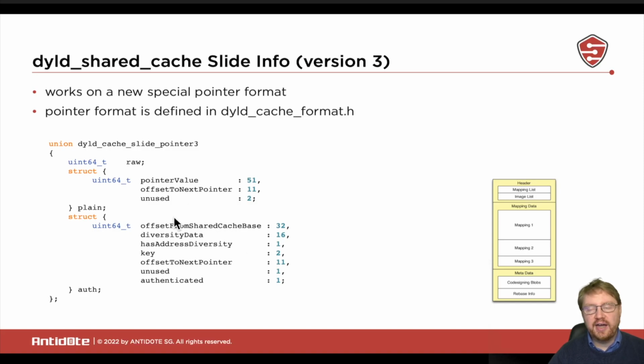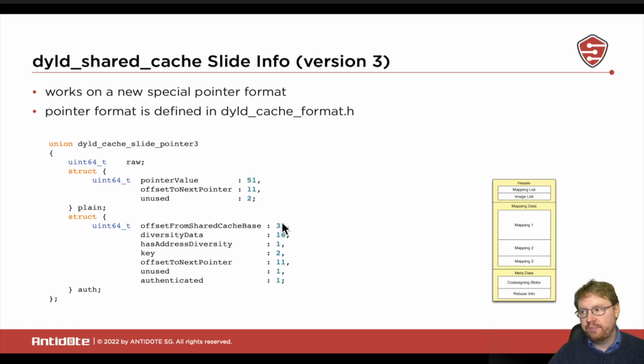When we have a protected pointer, it is usually a pointer inside the code itself, like inside the data, inside the actual shared cache. And the shared cache is not that gigantically big. So we basically store the pointer as the offset from the shared cache base.